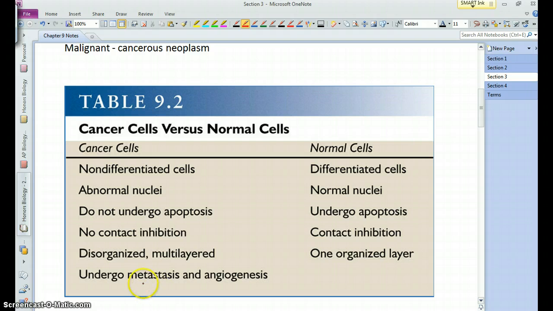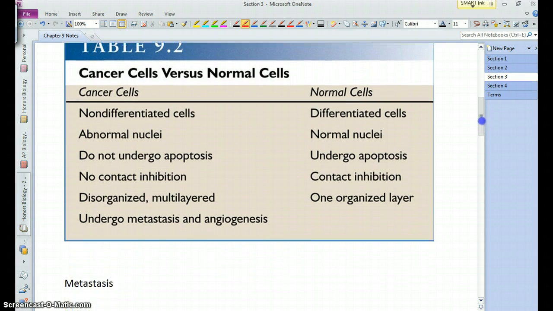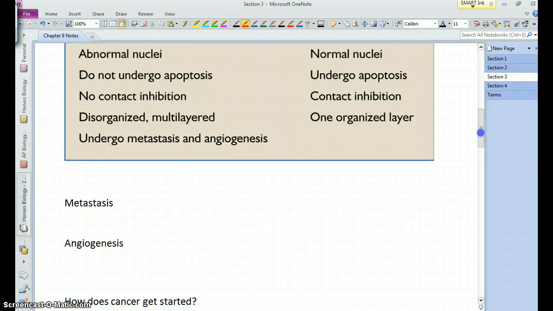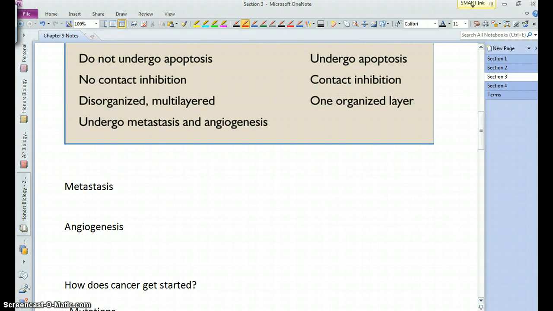Cancerous tumors will spread or metastasize, and they stimulate the growth of blood vessels into the tumor to supply food and oxygen to that tumor. Angiogenesis. So indeed, metastasis is when cancers spread throughout the body. Cells will dislodge from a tumor and they can spread through the circulatory system, or this other thing called the lymphatic system.